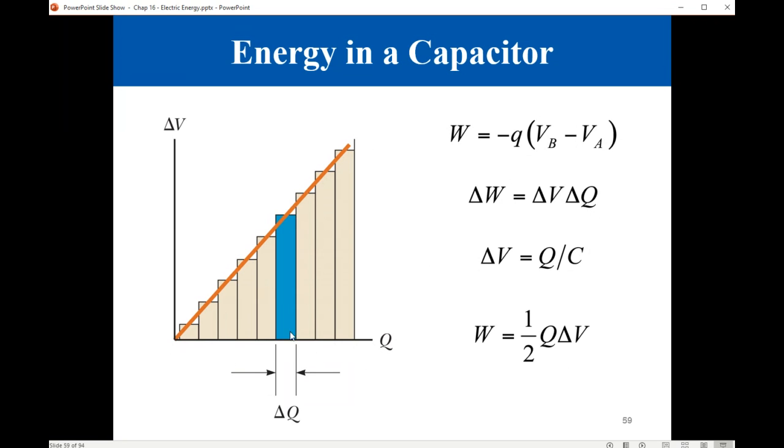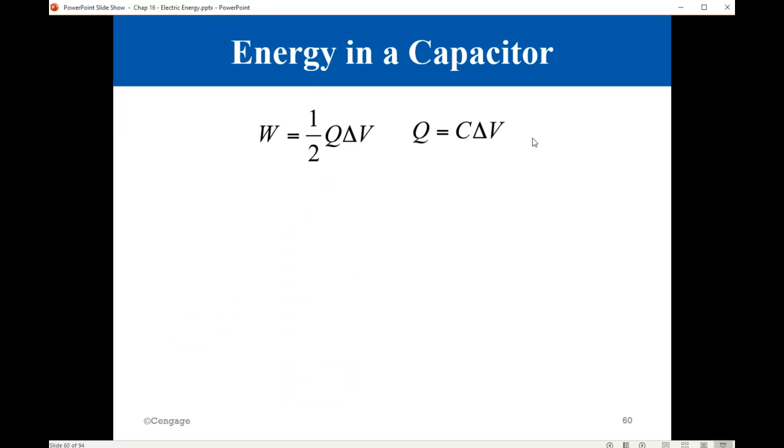So it is half Q multiplied by delta V. This would be from this graphical solution. This would be the work, which is equal to the energy stored in the capacitor. So to calculate the energy stored in a capacitor, you need half Q delta V.